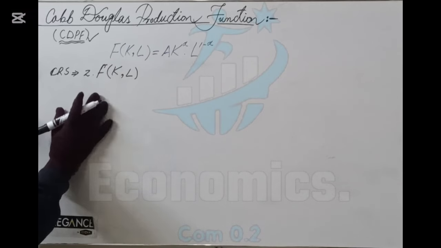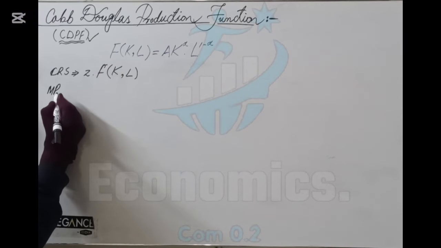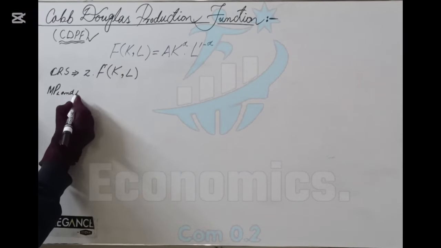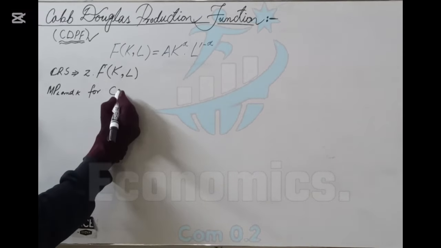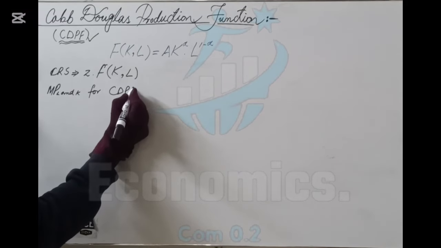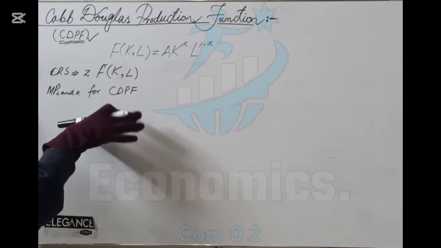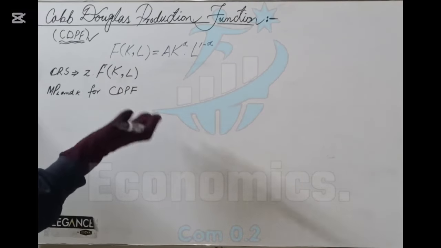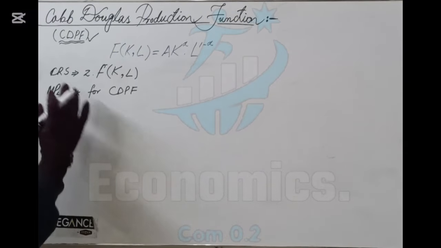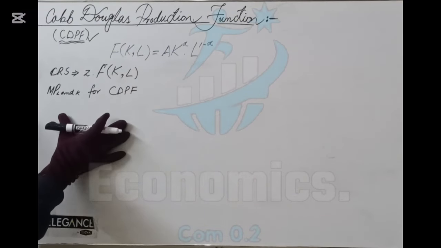Now we are going to investigate the marginal productivity of labor and capital for the Cobb-Douglas production function. This is the part that requires a little bit of calculus, but it will show you how to get the marginal productivity, which we are going to need for the third calculation.